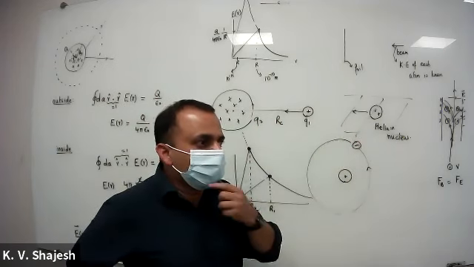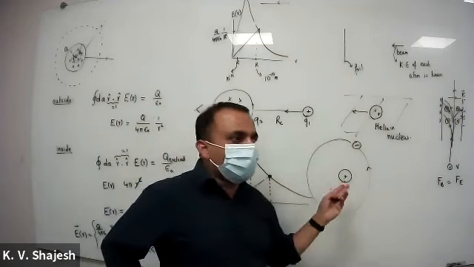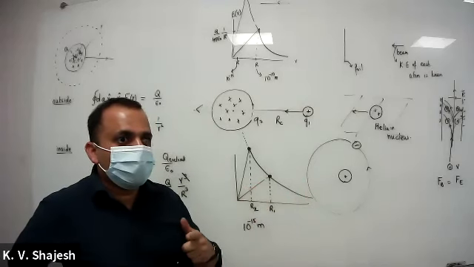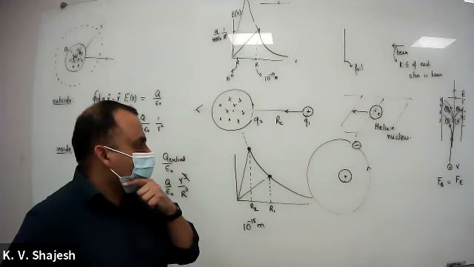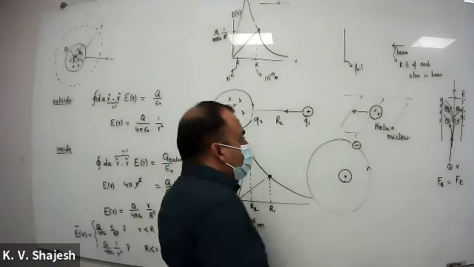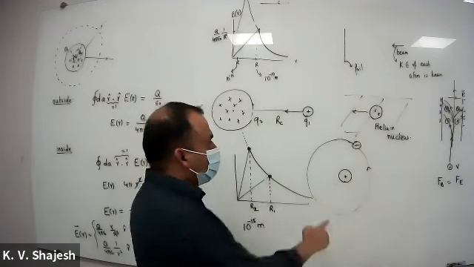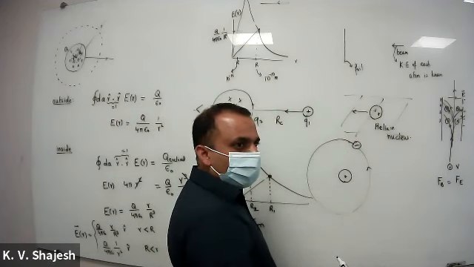What's the new challenge? What's wrong with the electron going around the proton? It will have a magnetic field, that's correct, but more importantly, this cannot be stable. The electron is going in a circle, that means it's accelerating.